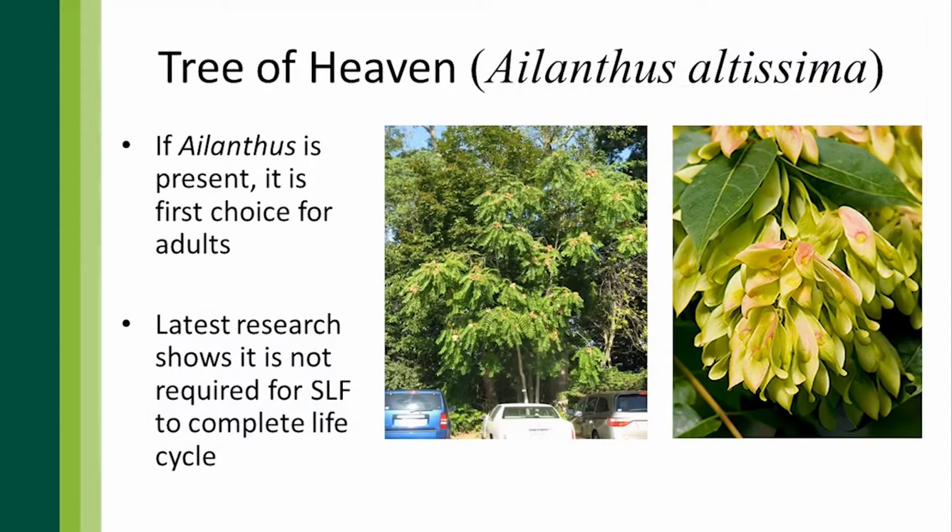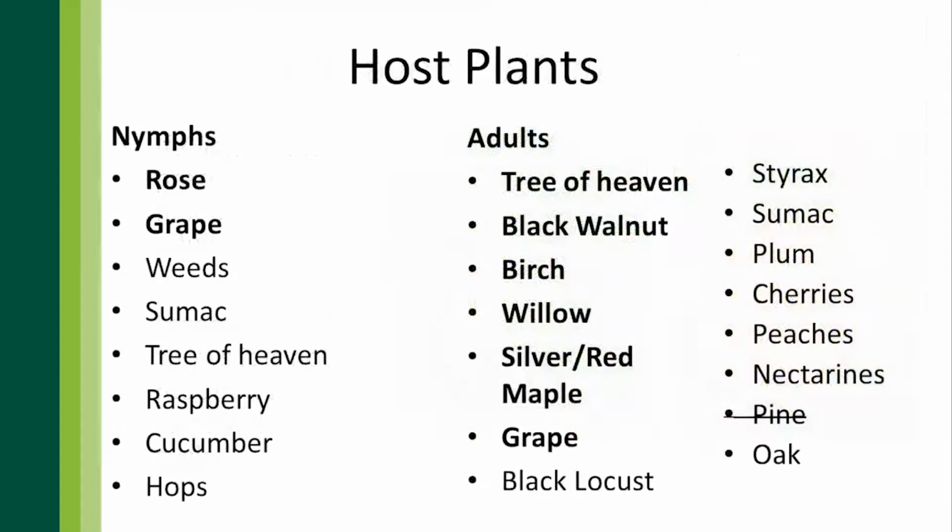So it has a slightly expanded range, but definitely do consider removal of tree of heaven as a part of your management strategy. We're probably not going to go through how to do that. Certainly, in this context we're not the best experts for how to use a chainsaw. But it is a definite part of the management strategy.